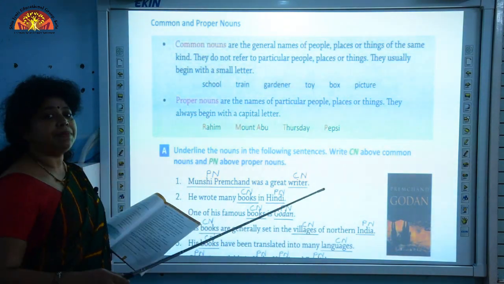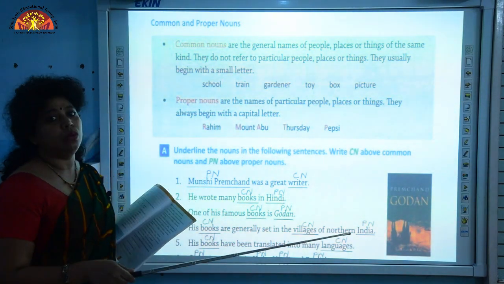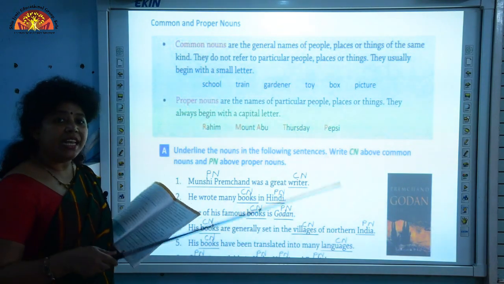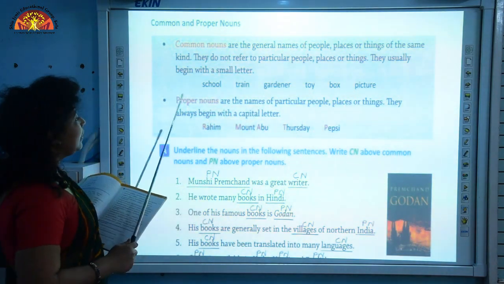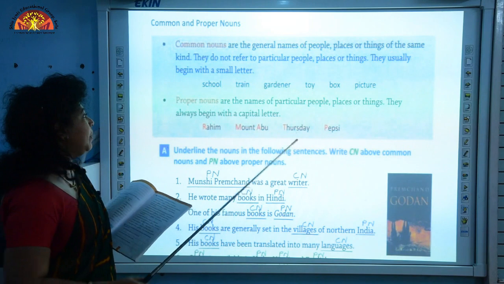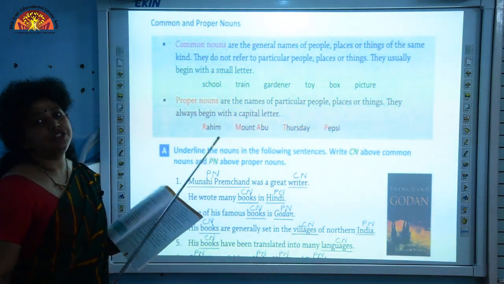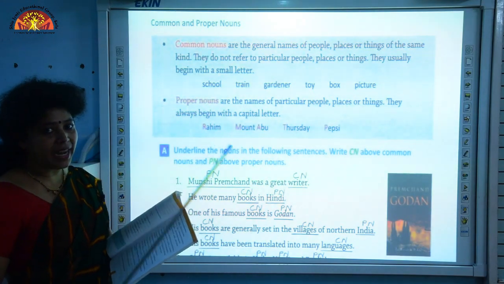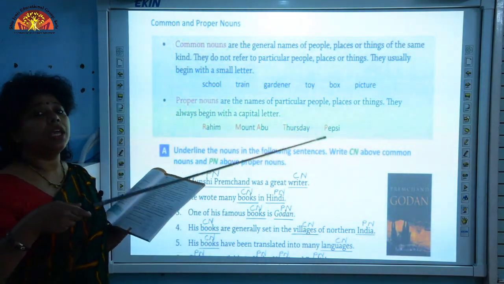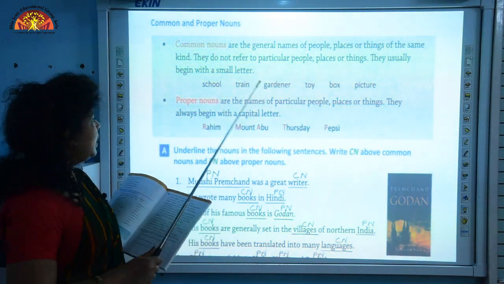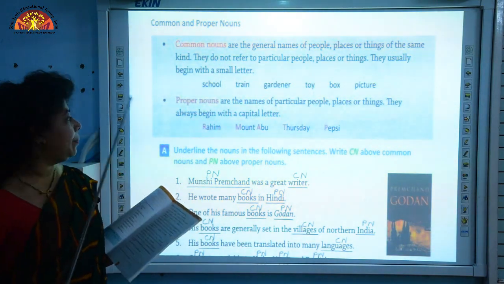But when we indicate a particular school, that becomes a proper noun. For example, the proper noun of a school is Shiv Jyoti Educational Group.